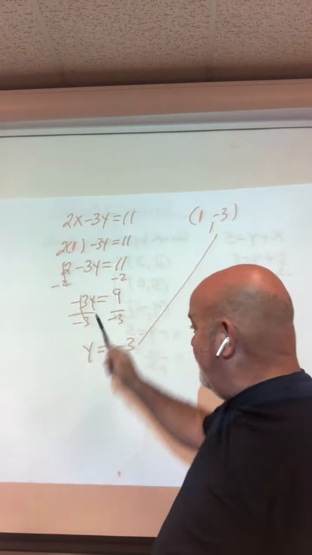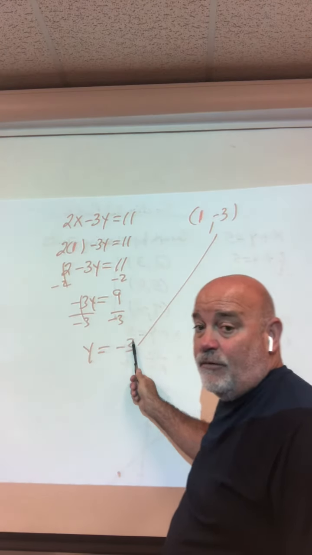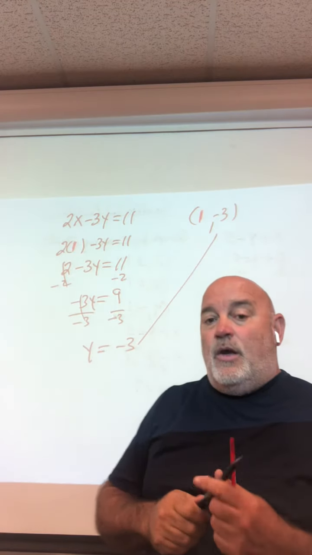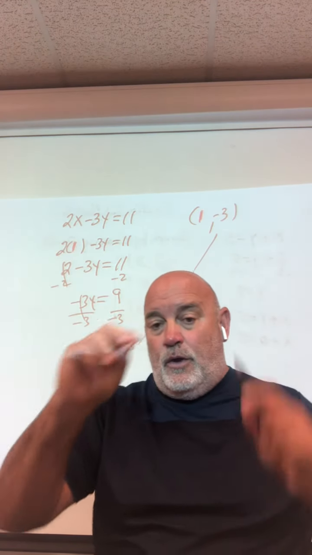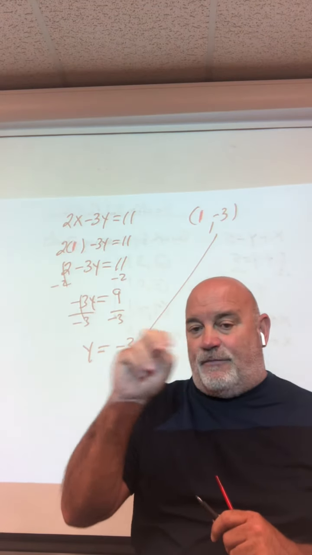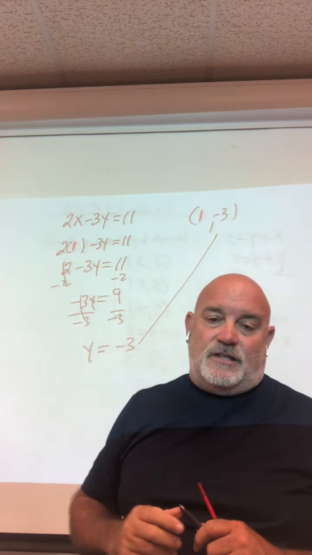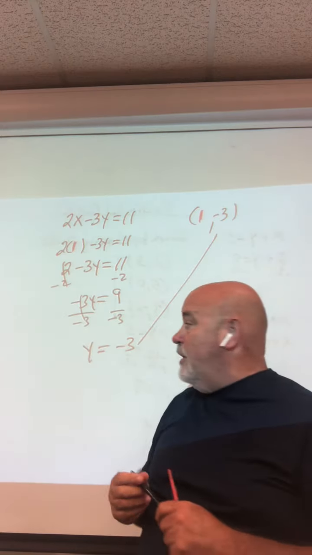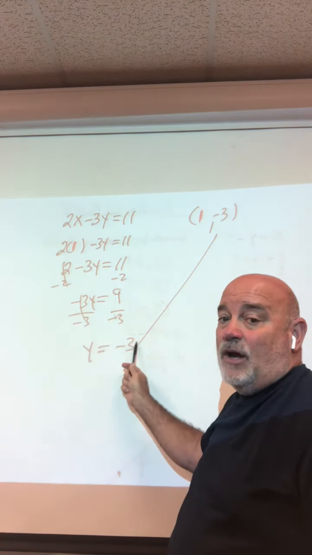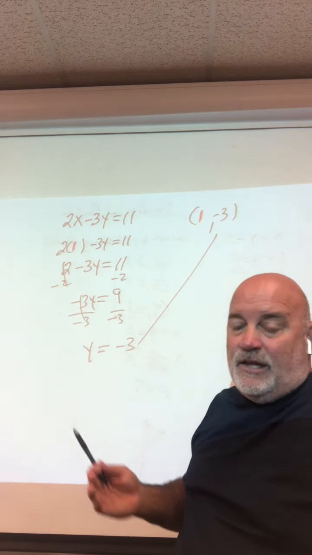No. If this had been 8, this would be 8 over 3, and I put 8 over 3 here. Here's the problem. When you're doing it on the computer, it does not have the ability to plot the fractions. It only plots the whole numbers. So if I pick a number for x and I plug it in and I don't get out a whole number, I can't use that one.